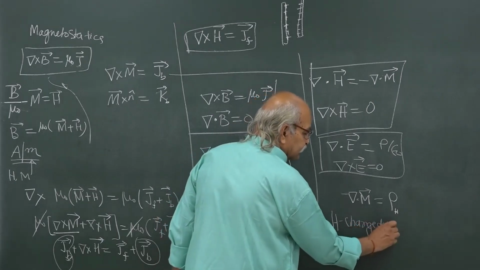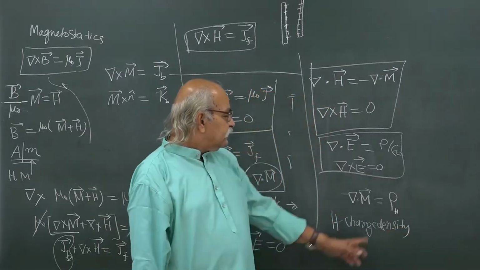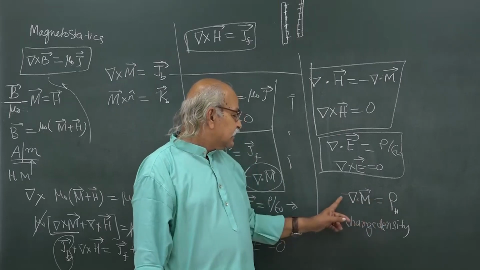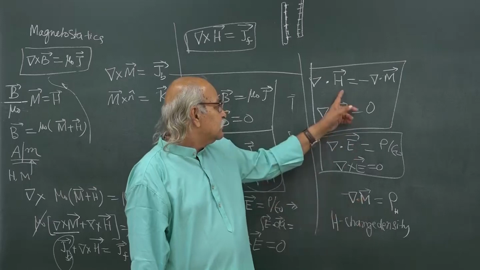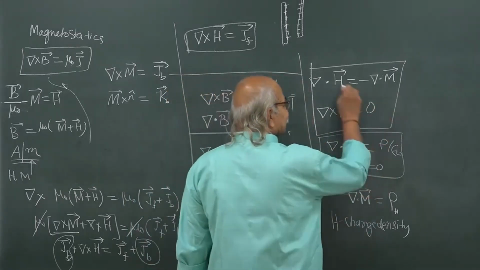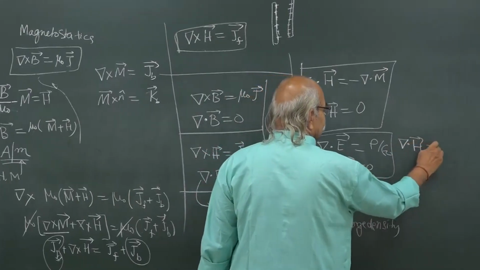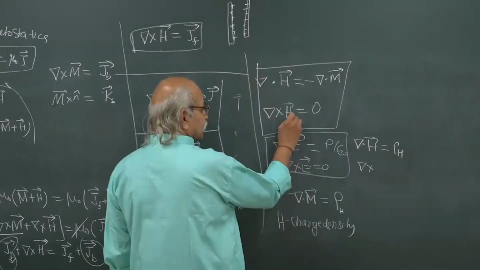If I define this rho_H by this equation, rho_H is negative divergence of magnetization vector, then it is even more similar to this. This is now divergence of H is equal to rho_H, and curl of H is 0.